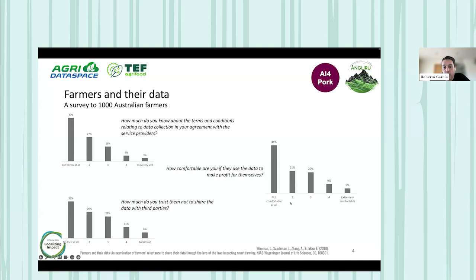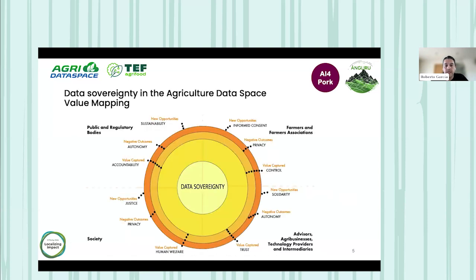So this is a problem that is perceived, and when you talk with farmers it is evident. They are suspicious that the data they are providing is being used for other kinds of uses beyond what they have authorized or what they think would be fair conditions for that use, and also that they are not getting fair compensation for their data.